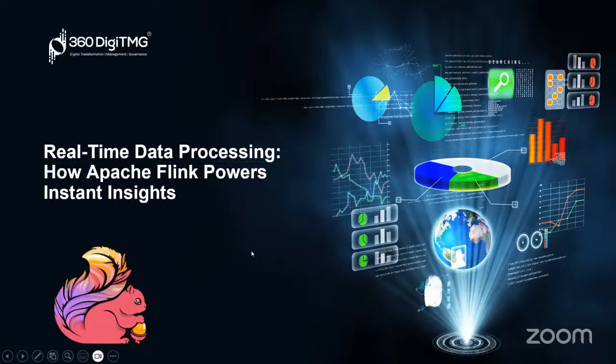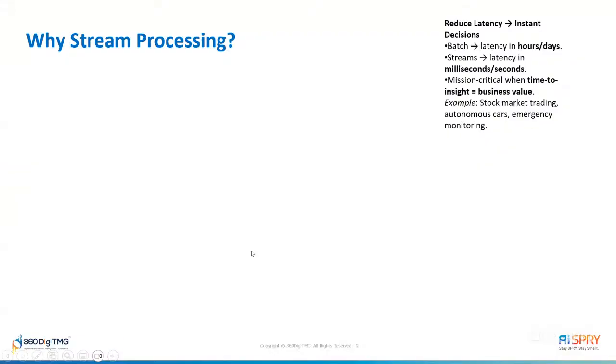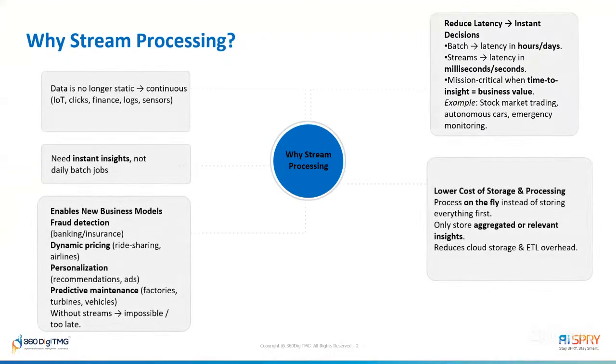First, we should talk about stream processing of data. Streaming, that means data coming continuously. This data, for example, data from Internet of Things, data from applications.